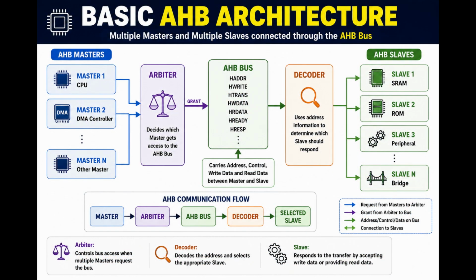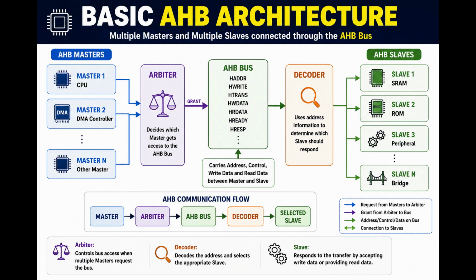Now let's understand the basic architecture of AHB. In an AHB based system, there can be multiple masters and multiple slaves connected through the AHB bus. Since multiple masters may want to use the bus, the arbiter decides which master gets access to the bus. The selected master then starts the transfer by sending the address, control information, and write data when required.